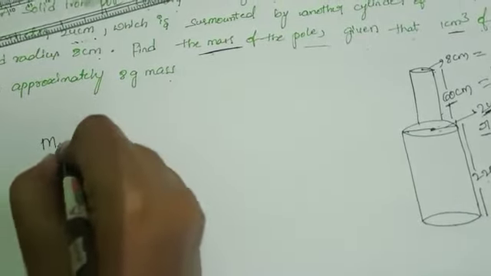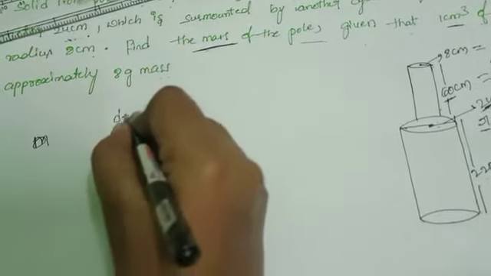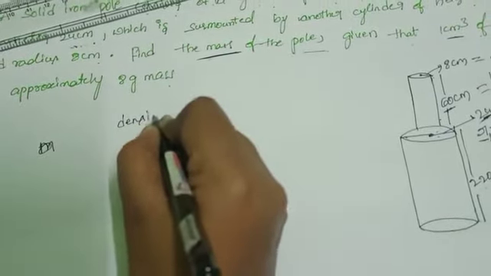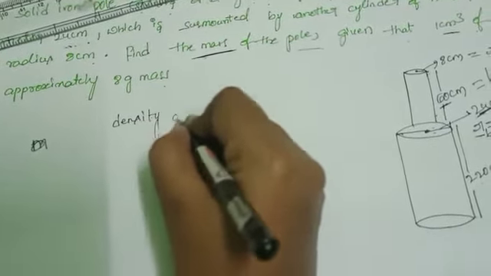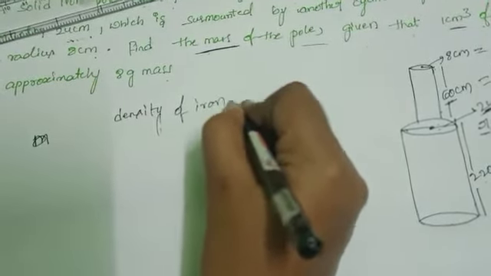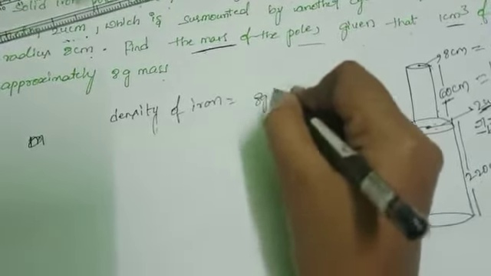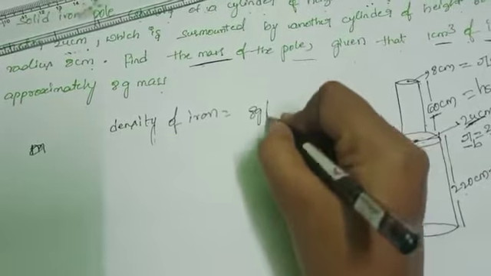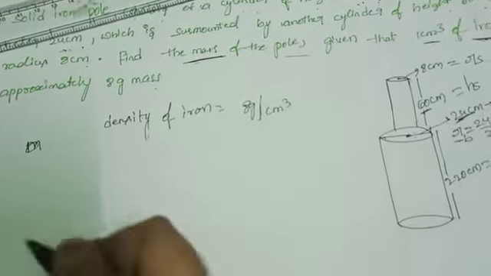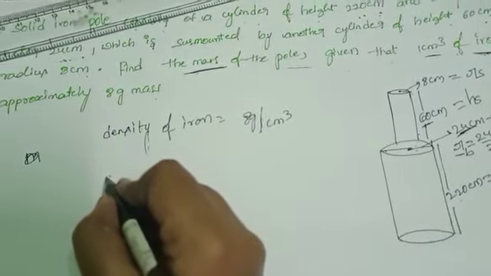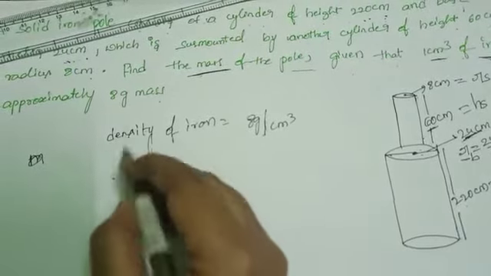Mass, we know, here given density of iron equal to 8 gram per centimeter cube. Okay, so what is the relation between density and mass?